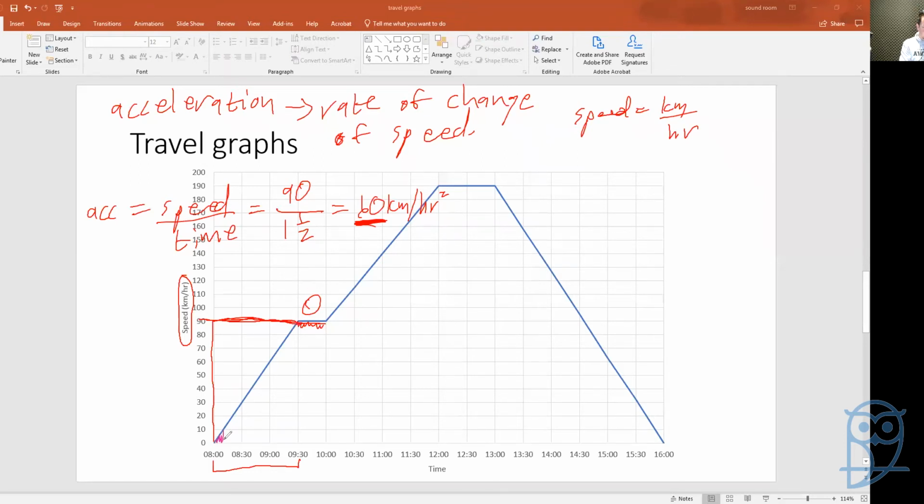So this area under the graph is actually going to help us to go backwards and to tell us what the distance traveled was. So how do we calculate the area of a triangle? Area of a triangle is a half base times height. So a half base, that is 1.5.